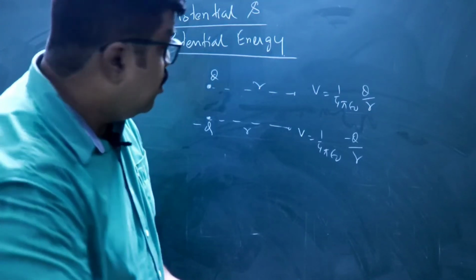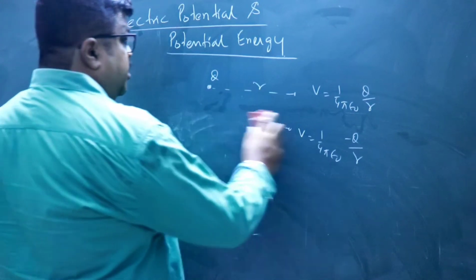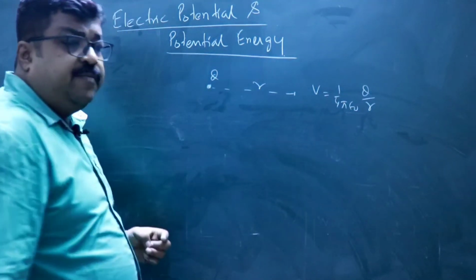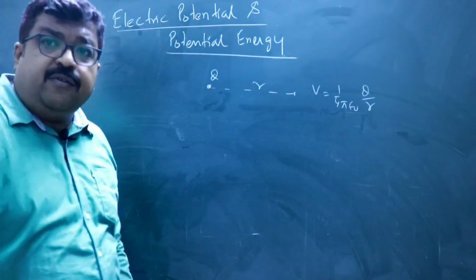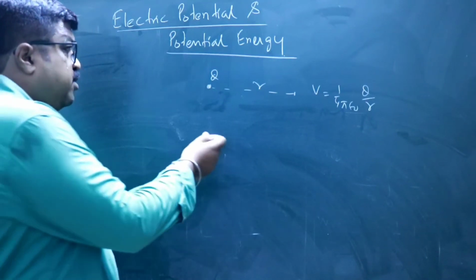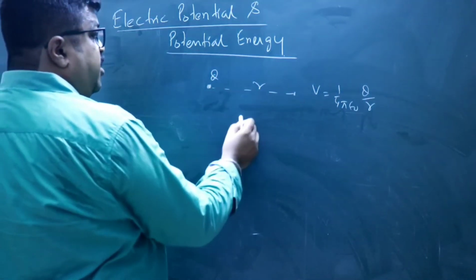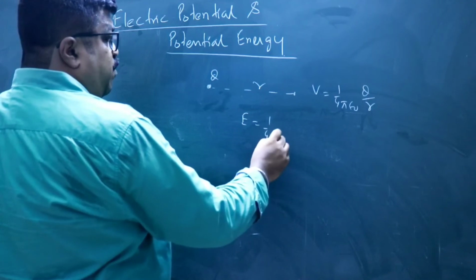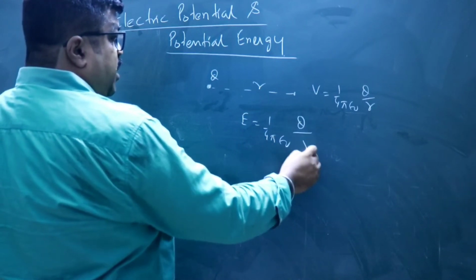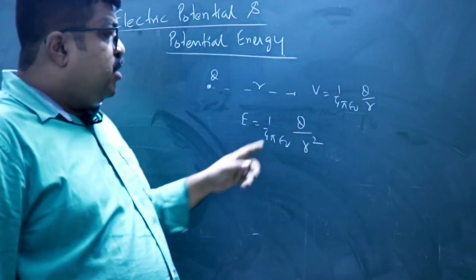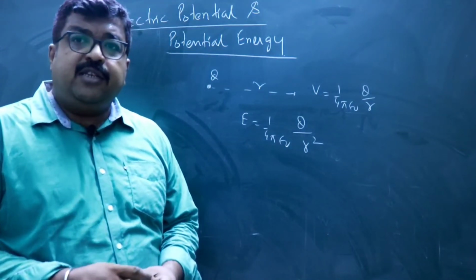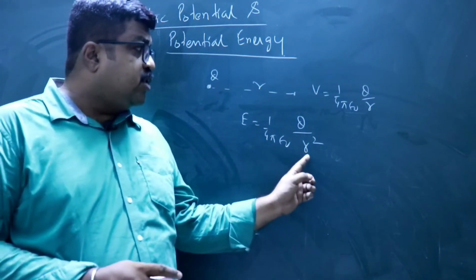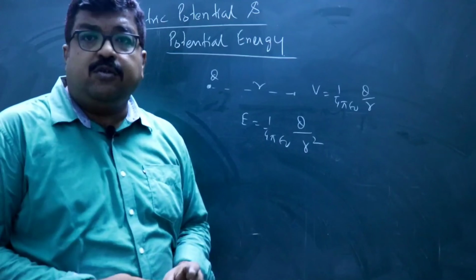Now the other important thing is, for a point charge, the electric field at this distance will be 1 by 4 pi epsilon naught q by r square. So the fall in electric field intensity is E inversely proportional to r square, whereas V is inversely proportional to r.